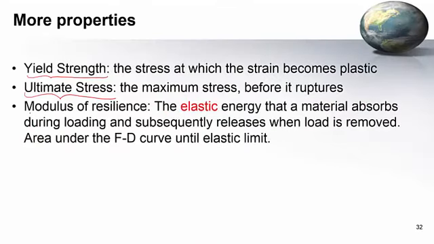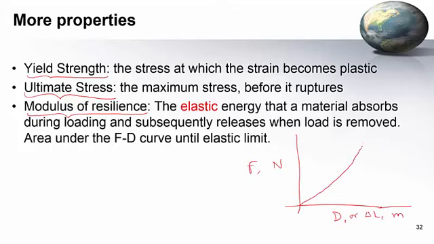Another one is the modulus of resilience. It is the elastic energy that a material absorbs during loading and subsequently releases when the load is removed. So this one you want to plot on the FD curve. F is in Newtons, and the deformation, delta L, let's say is plotted in meters. Let's say you have a curve like this.